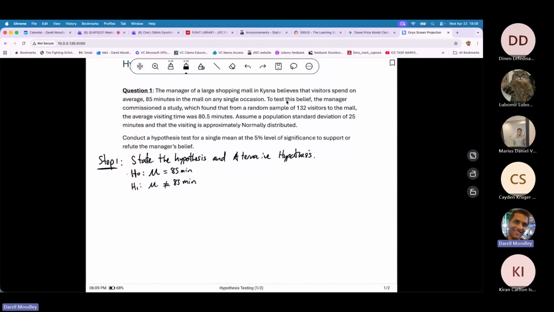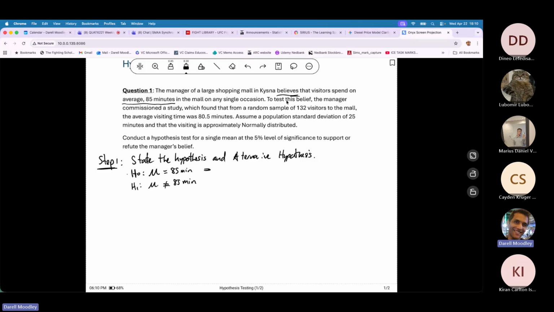Now, I like to place the claim next to the respective hypothesis. So what I mean by that is we are saying the manager believes that the average is 85 minutes. So out of these two, between H0 and H1, the manager believes H0, right?